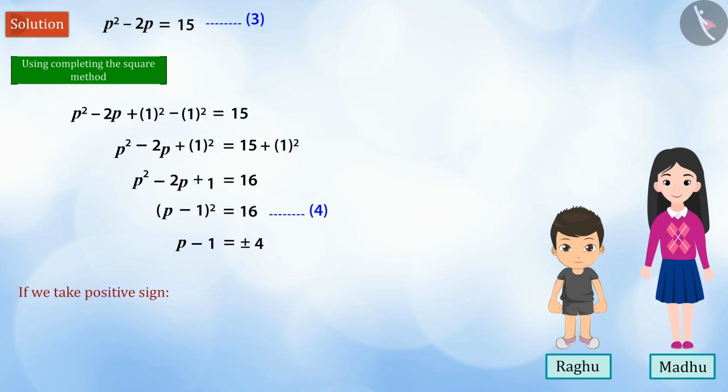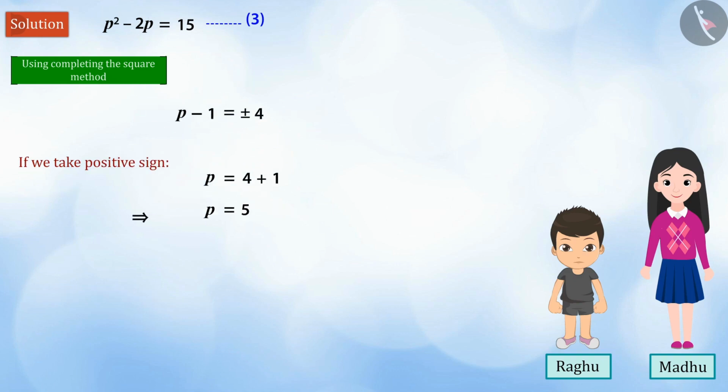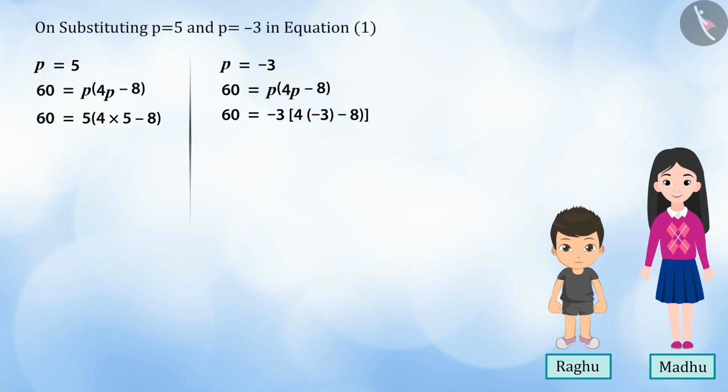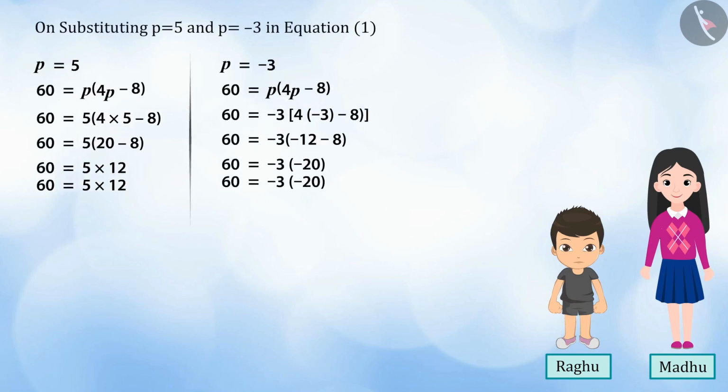Thus, if we take the positive sign, the value of p will be 5, and if we take the negative sign, the value of p will be minus 3. Therefore, both the solutions of p, that is 5 and minus 3, satisfy our equation.